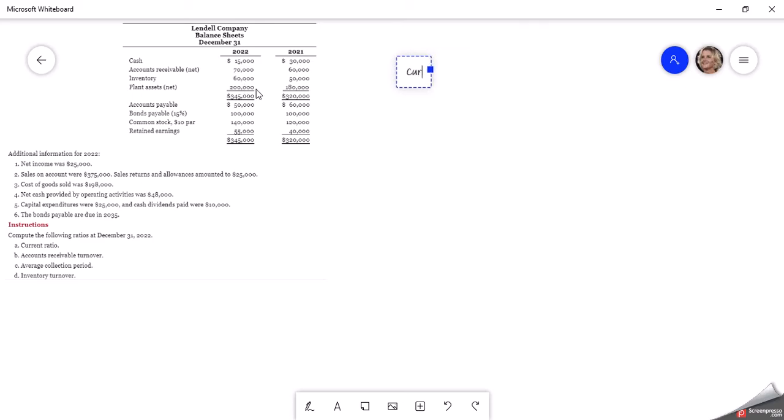Our formula is our current ratio equals our current assets divided by our current liabilities.